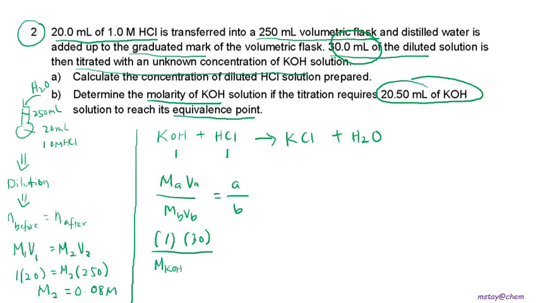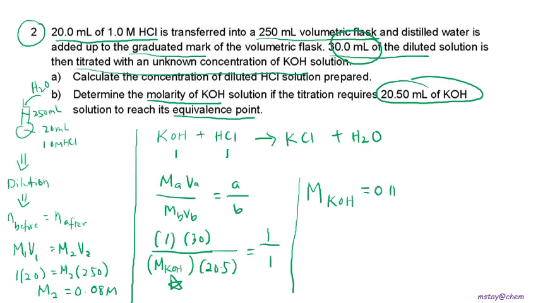But they say 20.5 ml is needed. So the ratio is 1 to 1 based on the equation. Now there is only one unknown in the formula. Press the calculator and you will notice that the concentration of the KOH is 0.117 molar.